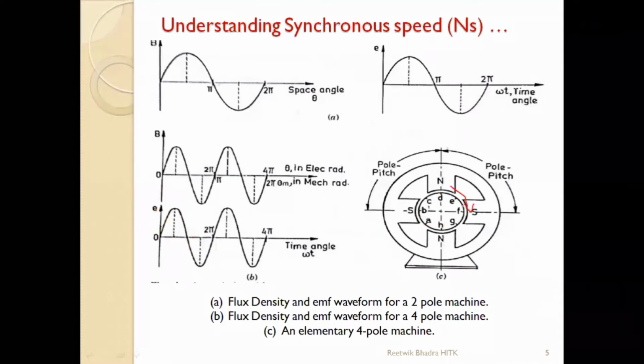From north to south, we'll get a positive half cycle like this. From south to north, we'll get a positive half cycle like this. Then again from north to south, we'll get a positive half cycle. Then again from south to north, we'll get one positive half cycle.